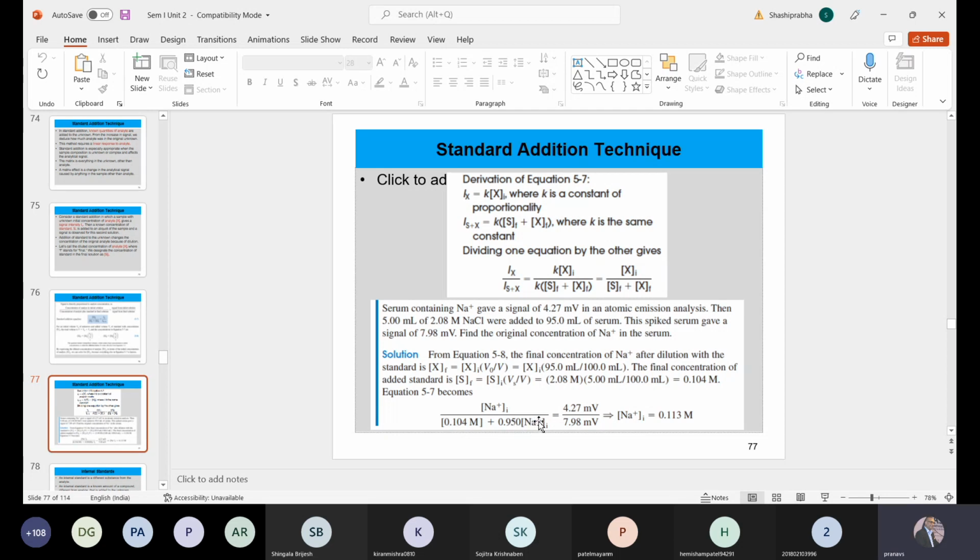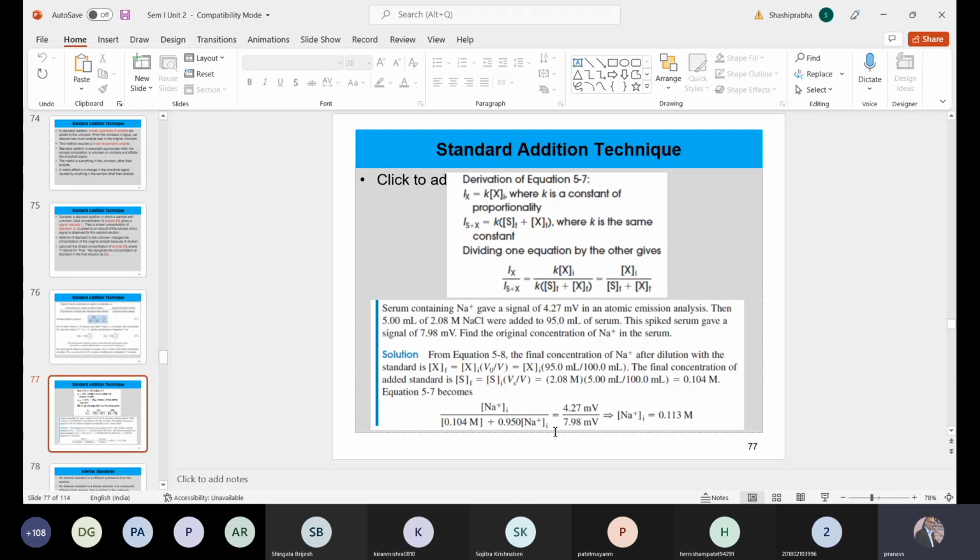Now we know that this x and this x are both the same. This is in the original volume and this x is in the final volume. So this x was in 95 and this x is in 100. We just need to put in the value of the volume correction, which is 95 divided by 100, otherwise it is xi only. So 0.95 into Na plus I. Why it is I?